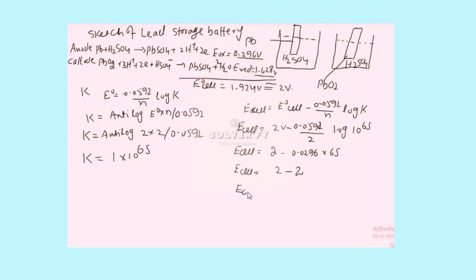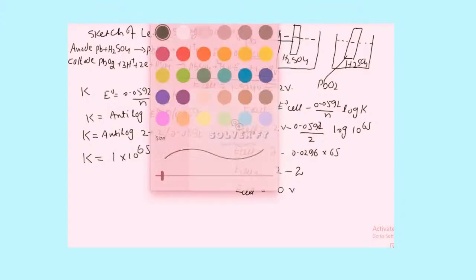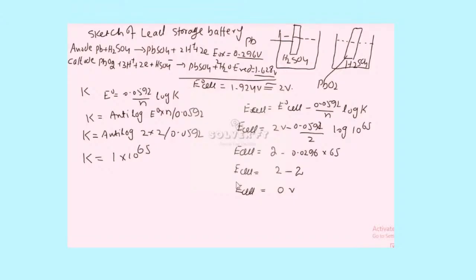So E cell is equal to 0 volt. This is the voltage of the cell when the reaction is in equilibrium. These are the required solutions to each part of the question.